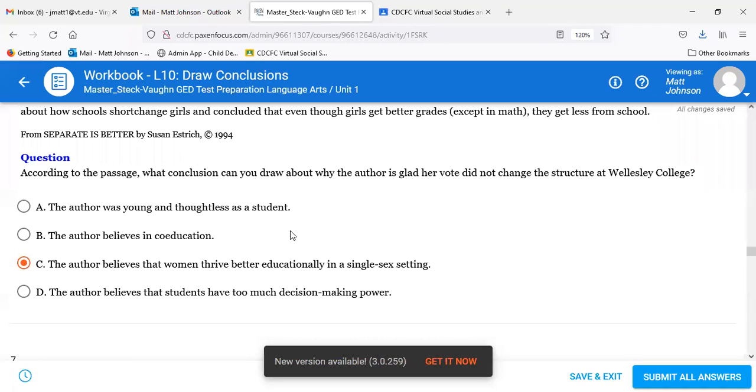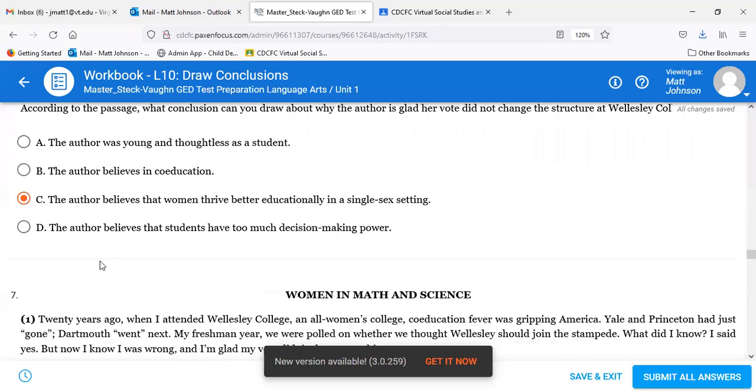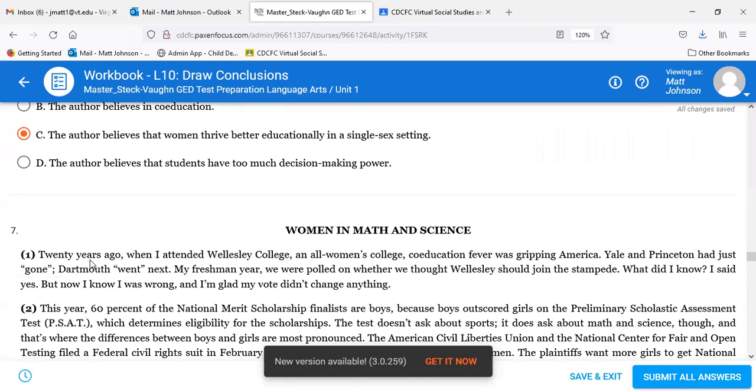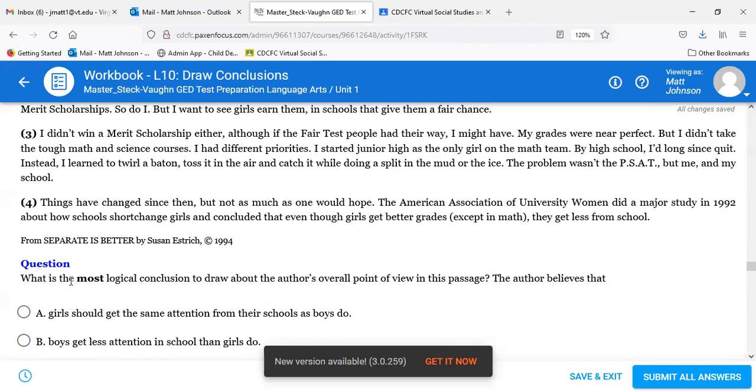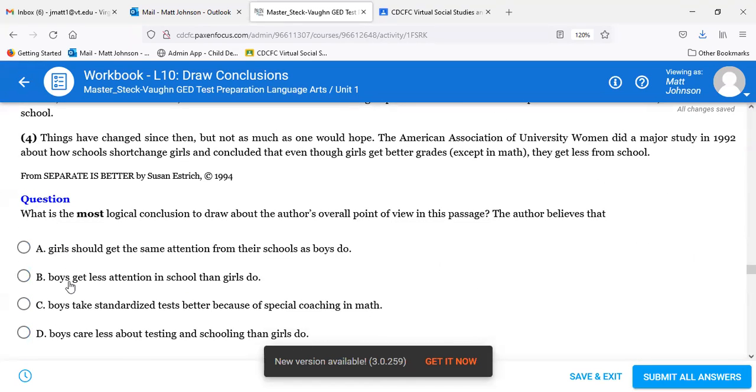And of course, that's the whole argument of this piece. The largest argument you can make about what she's saying here is that she believes that women thrive better in single-sex settings for education. Okay, and number 7, so what is the most logical conclusion to draw about the author's overall point of view in this passage?